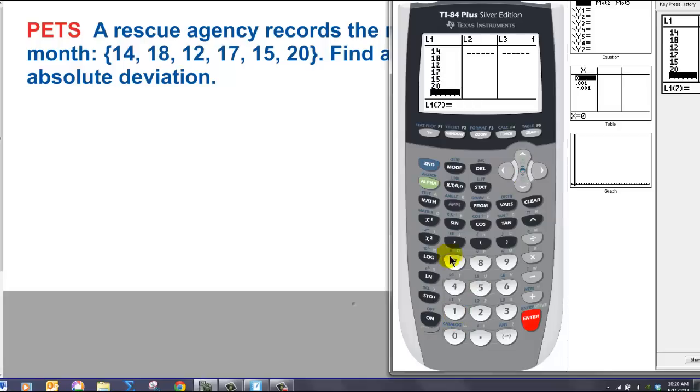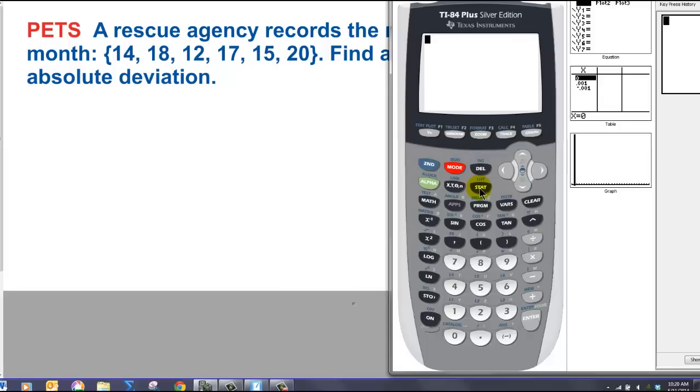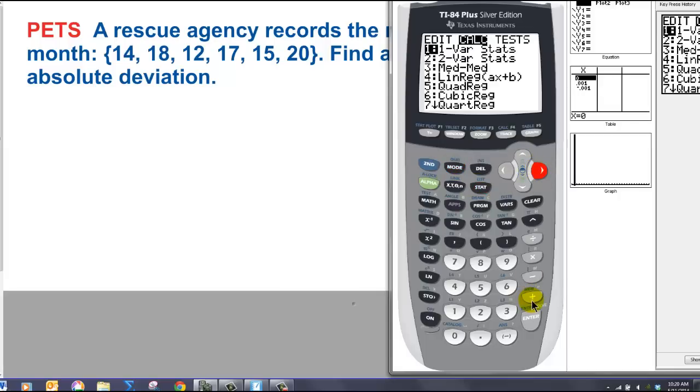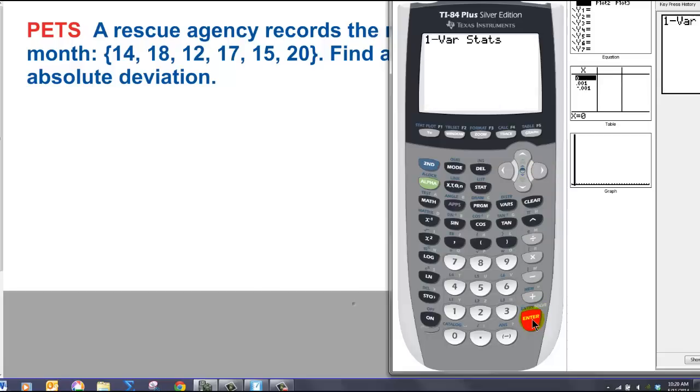From there, we'll quit, move over to Stat again, go to Calculate, hit one variable statistics, and hit Enter once again. And notice we'll get an average of 16.